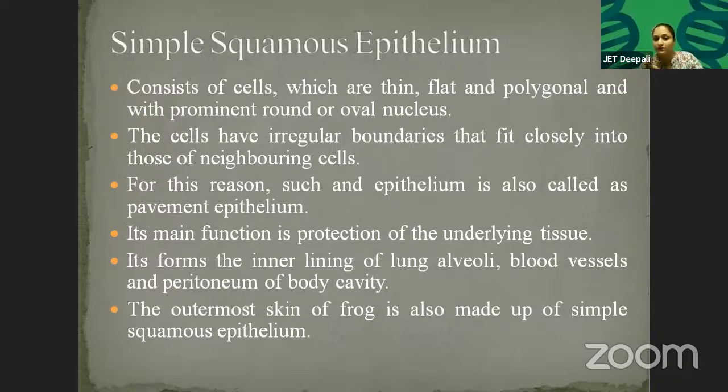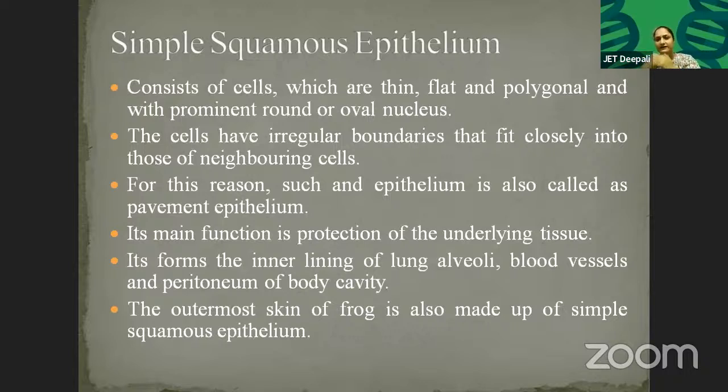The outermost skin of frog is also made up of simple squamous epithelium. The question can come: the outermost skin of frog is made up of which kind of tissue? The options are simple squamous, stratified squamous, columnar, cuboidal. Then you will think that the outermost skin should be strong, so it should be stratified.